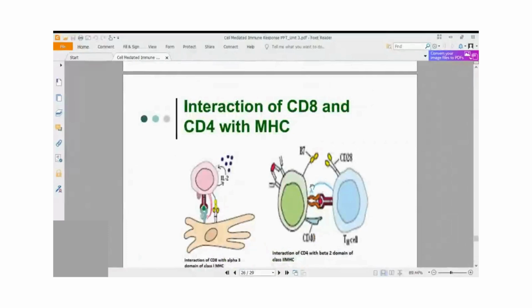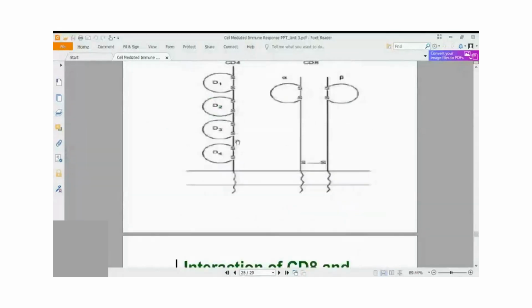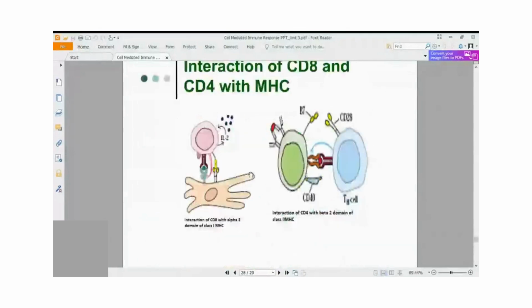So signal 1, generated for the activation of the T cell, consists of the T cell receptor complex that includes the TCR, CD3 complex plus the CD4 in the TH cell. In the case of the CD8 T cell, the T cell receptor complex of TCR, which is made up of gamma delta or alpha beta, with CD3 and CD8 complex, together generate signal 1.